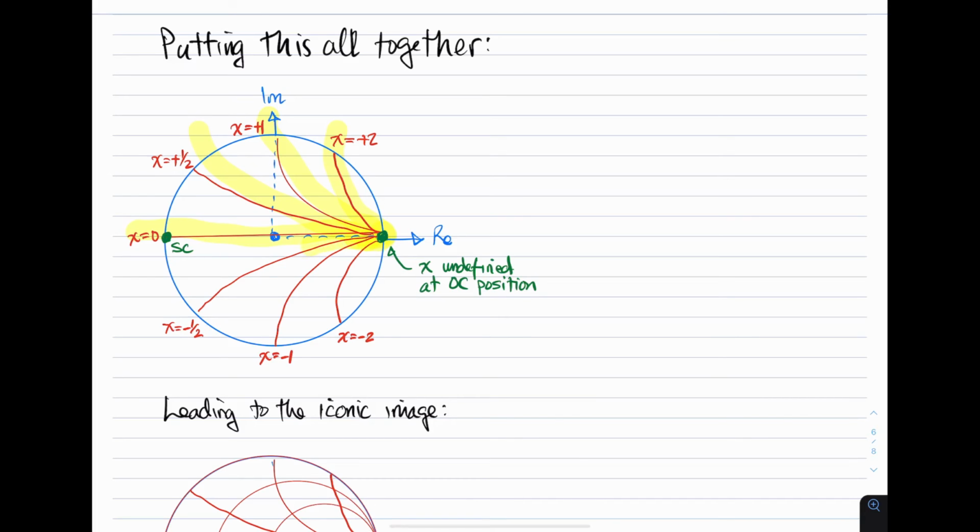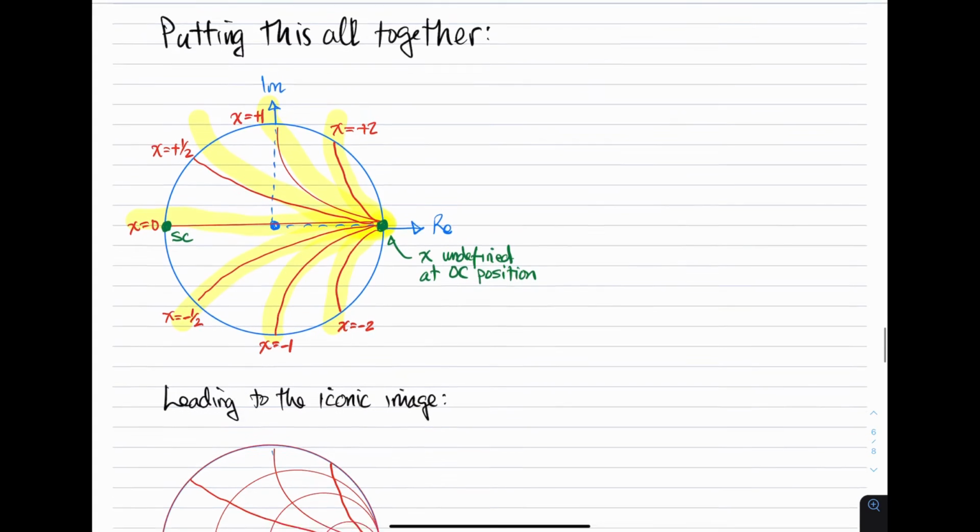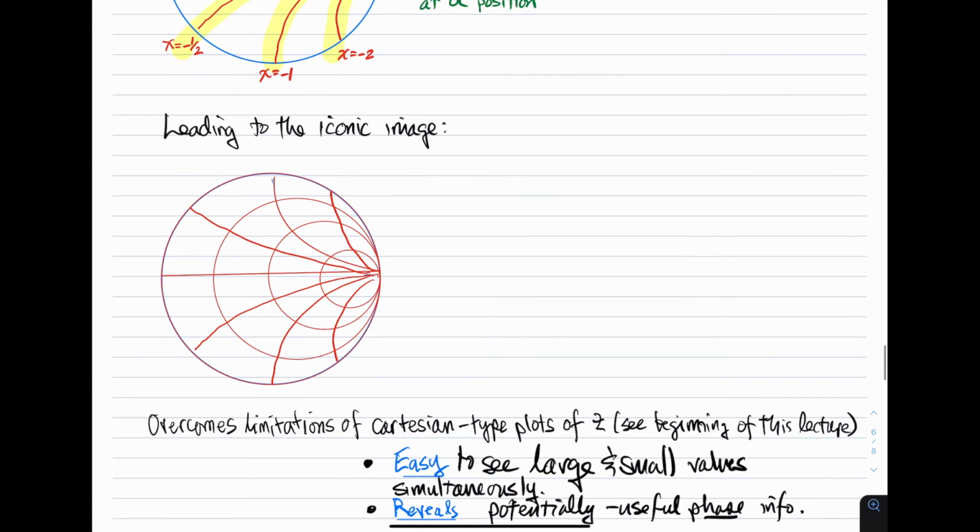Negative normalized reactances are arcs which go downward, and there you have it. So now if we put together all those arcs, we get the iconic image: the circles representing circles of constant normalized resistance, and the arcs representing lines of constant normalized reactance.